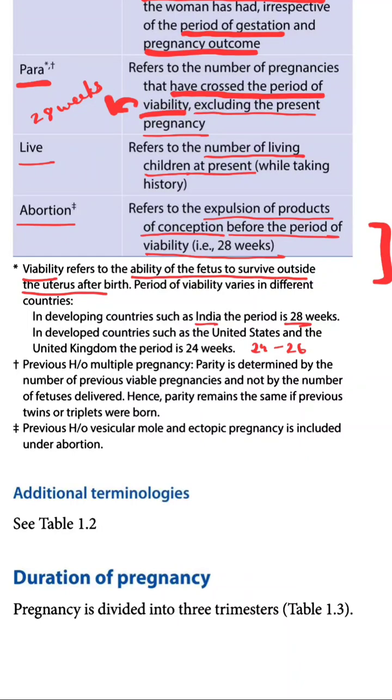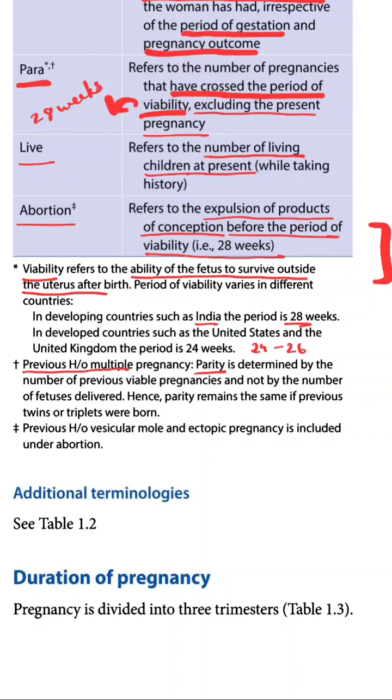You need to ask for any previous history of multiple pregnancy. Parity is determined by the number of previous viable pregnancies and not by the number of fetuses delivered. Hence parity remains the same if previous twins or triplets were born.